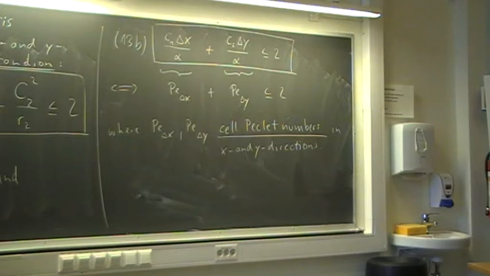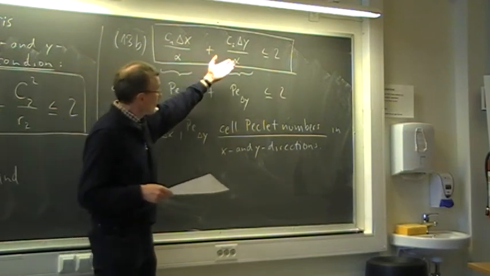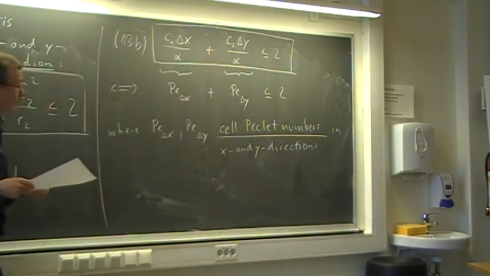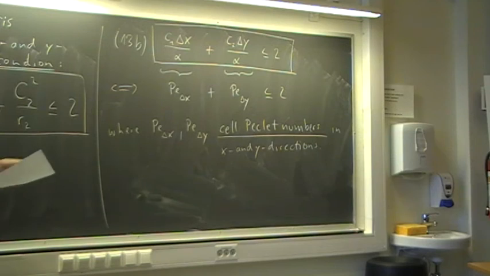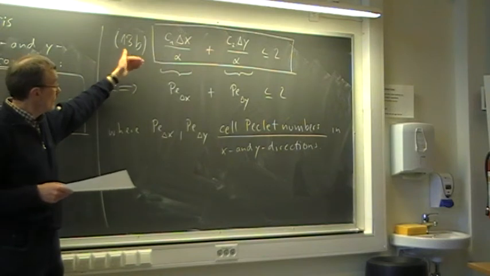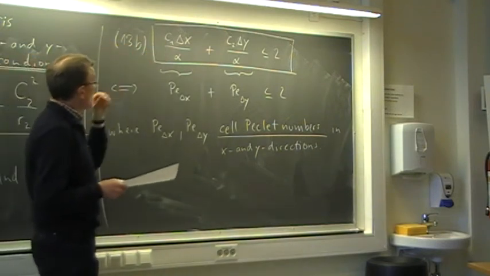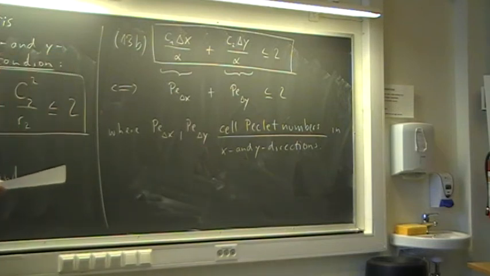And again, I want to stress that the scheme is unstable for alpha equal to 0. You see, for alpha equal to 0, we would have here infinity that can never be smaller or equal than 2. And this condition, by the way, is independent of delta t. It is a ratio between the, let's see, how can we characterize that?